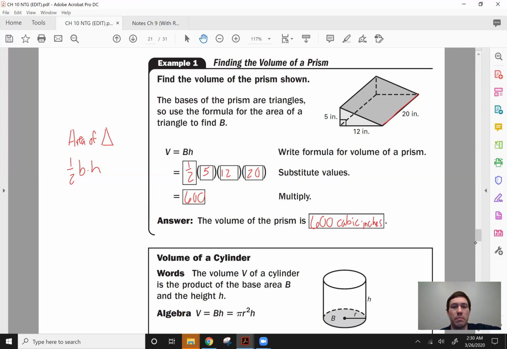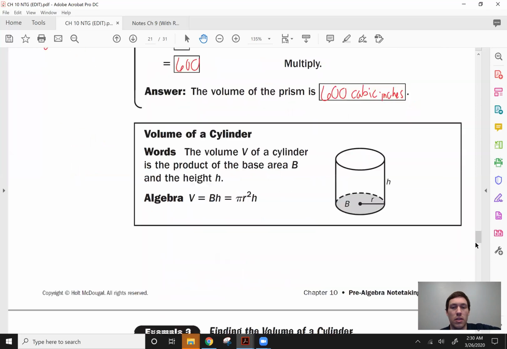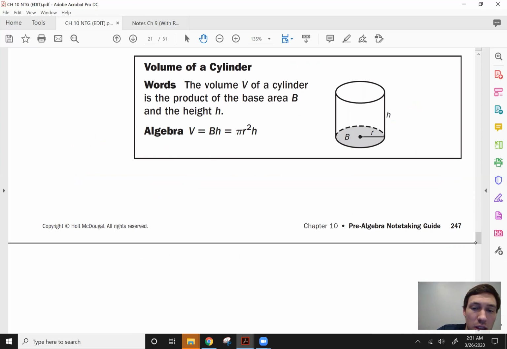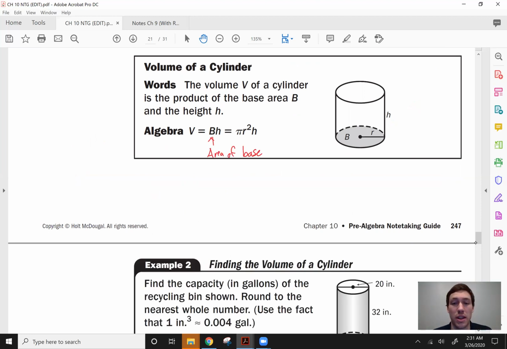All right. Volume of a cylinder, again, B is the area of the base, not just the base itself, the area of it times the height. So in other words, it becomes area of a circle, remember, is pi r squared, because the base of a cylinder is a circle.